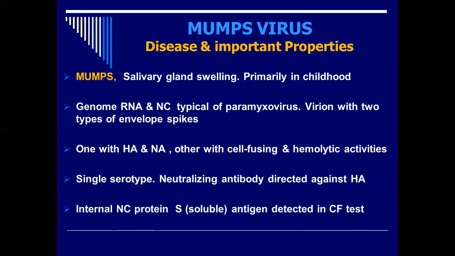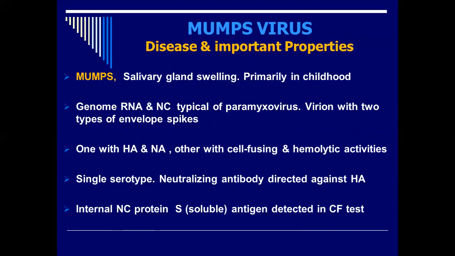The virus has two types of spikes, one with hemagglutinin and neuraminidase, and the other with cell fusion and hemolytic activity. This means that it has two spikes. The fusion protein spikes are different from the hemagglutinin and neuraminidase spikes. There is a single serotype, as we see in the case of measles virus.